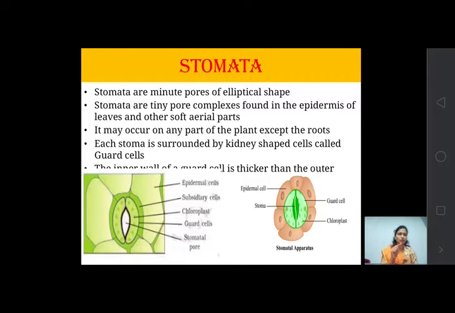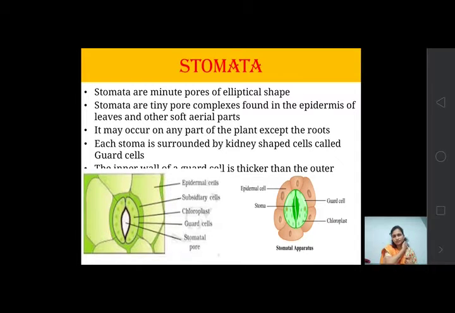You can see in the picture the labeling: the guard cells are the green color bodies in the second figure. They are somewhat kidney or bean shaped in structure.